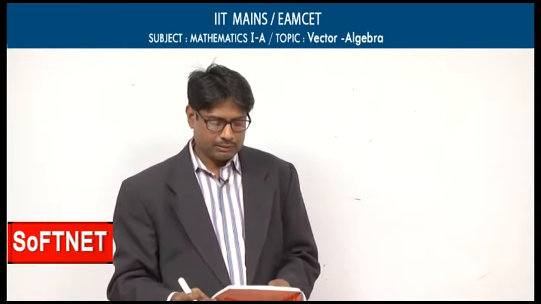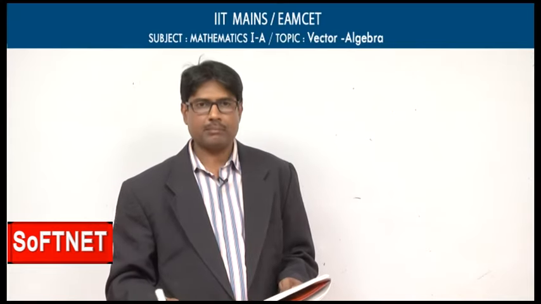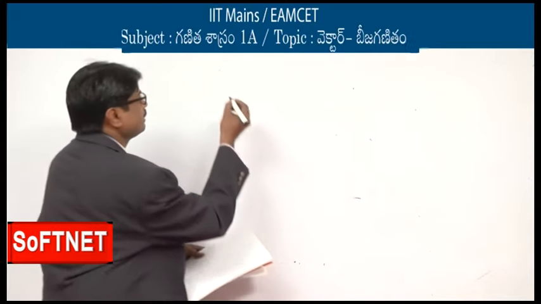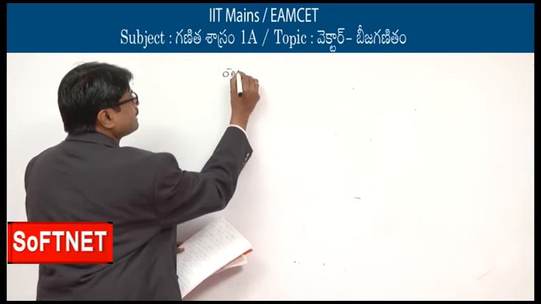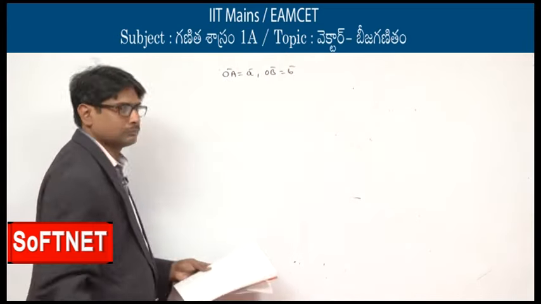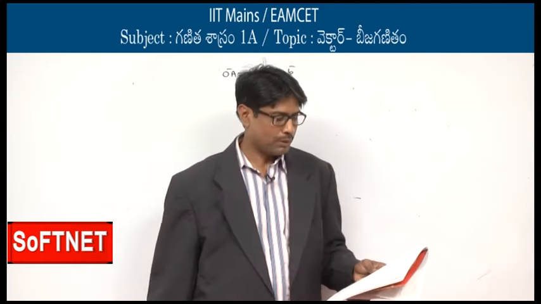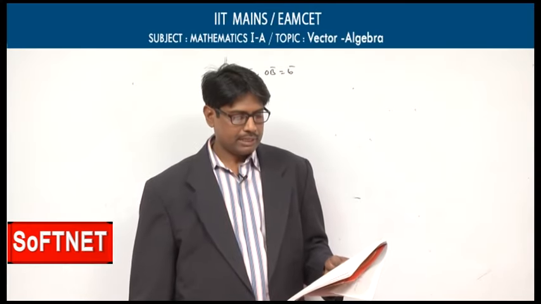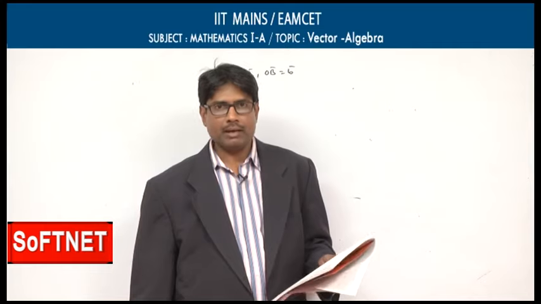The position vectors of A and B are given by A bar and B bar. In the sense, OA bar is equal to A bar, OB bar is equal to B bar. Position vectors of two points A and B are A bar and B bar respectively.